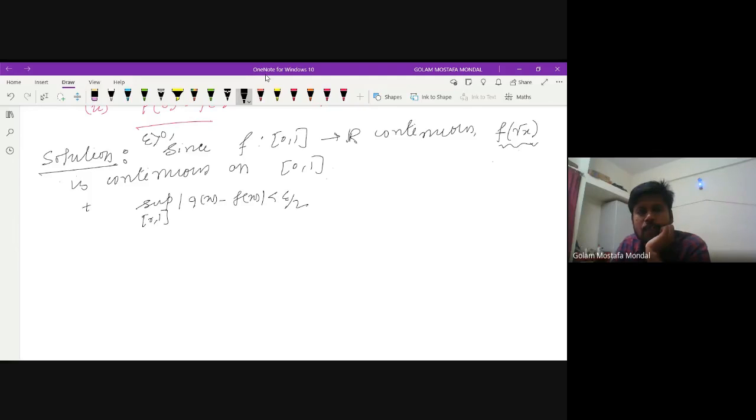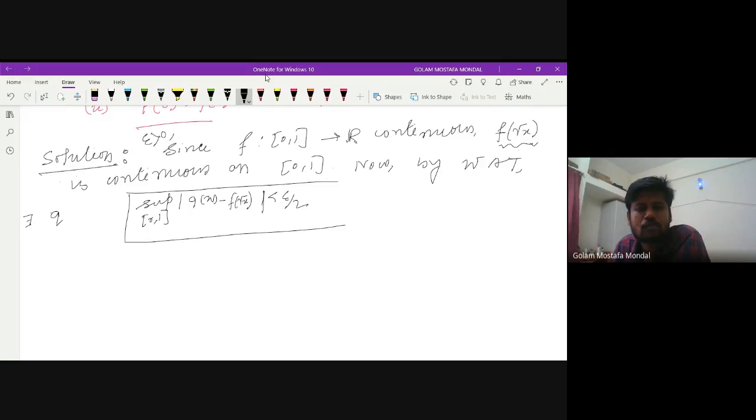Okay. Now by Weierstrass approximation theorem, we can say that there exists a polynomial q such that qx minus f of root x is less than epsilon by 2. Okay.